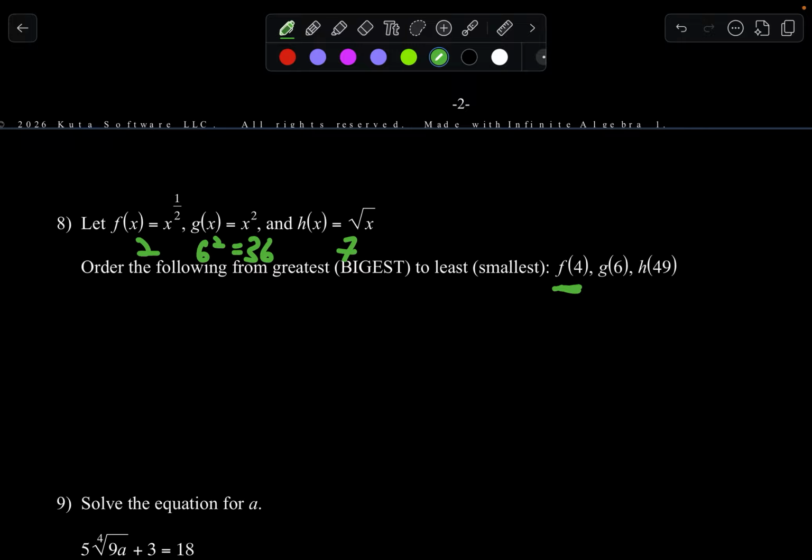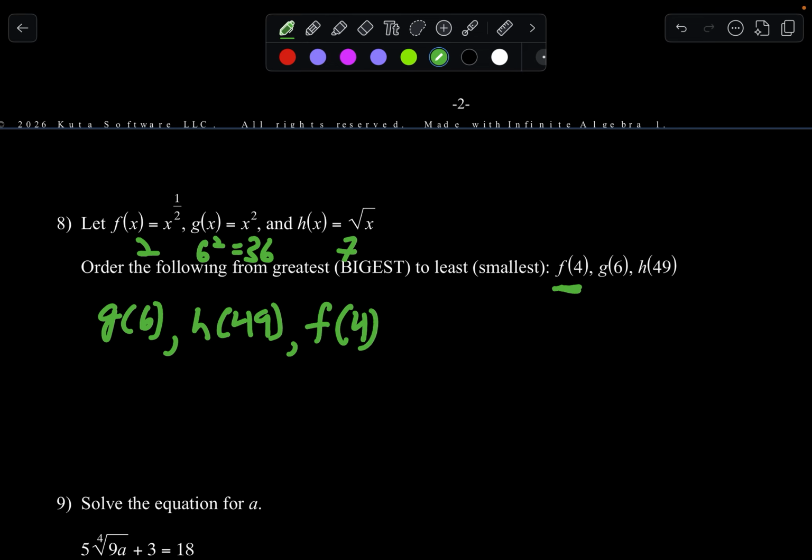So they want you to order the following from greatest. Well, the greatest is 36, and that's g of 6. Then the next greatest would be 7, and that's h of 49. And then the smallest would be 2, and that is f of 4.